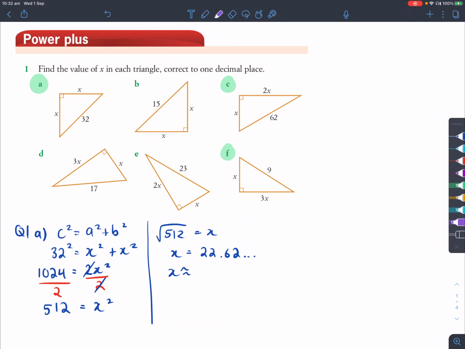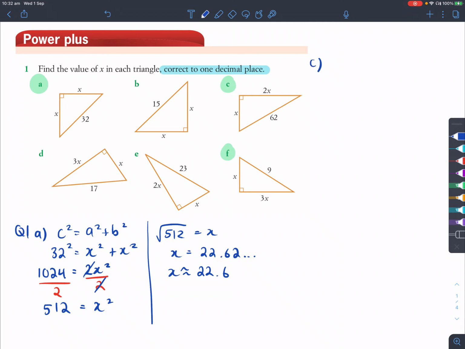Because the question says to round to one decimal place, we look at the second number after the decimal point. That's a 2, which is less than 5, so the 6 before it stays put. So this will be 22.6 with no units.